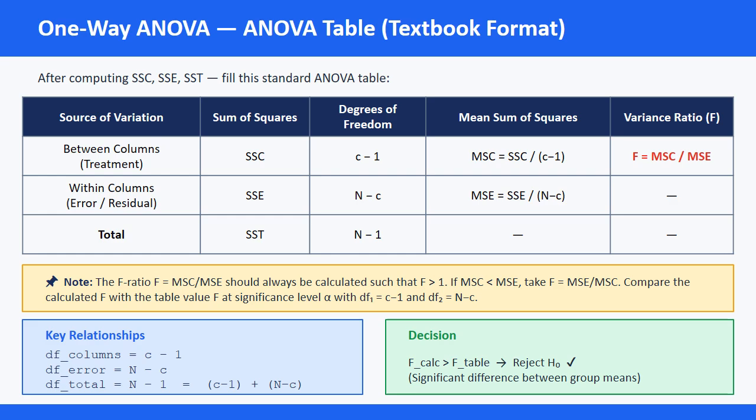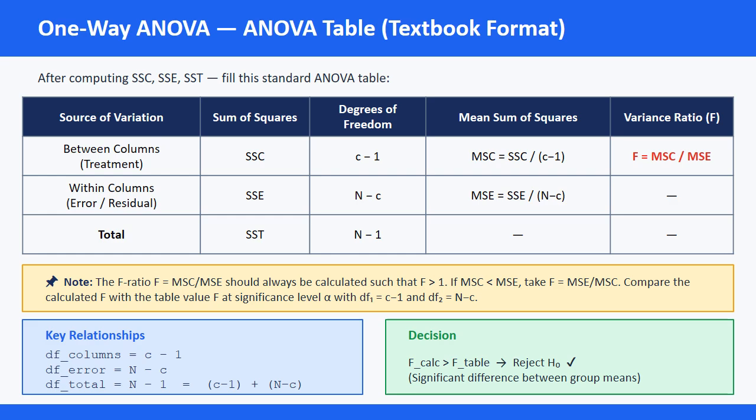Once we compute SST, SSC and SSE, we arrange them in an ANOVA table. We calculate the degrees of freedom: for columns C minus 1, for error N minus C, and for total N minus 1. Then the mean sum of squares is calculated. So MSC is equal to SSC divided by its degrees of freedom, and MSE is equal to SSE divided by its degrees of freedom.